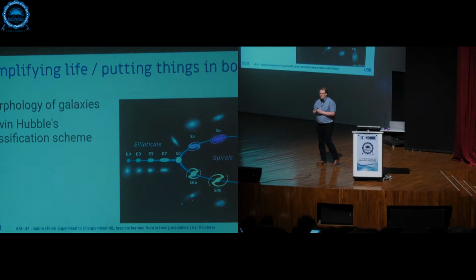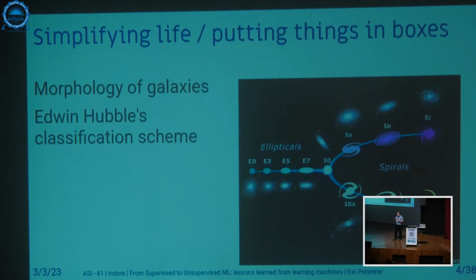Usually we try to simplify things by putting things into boxes. We want to classify things because it makes our life easier. We always want to have a certain schema of dealing with stuff. Very often, when we talk about morphologies of galaxies, we refer to the Hubble tuning fork as a scheme of classifying morphologies of galaxies.